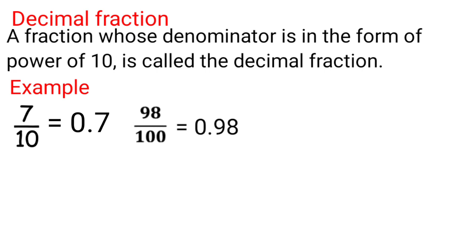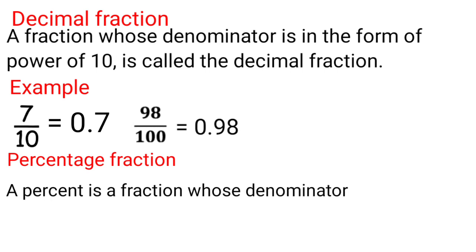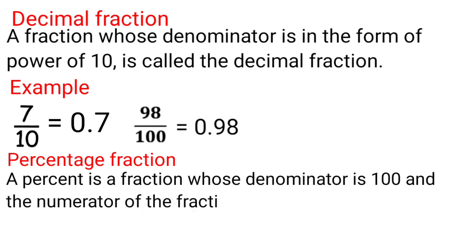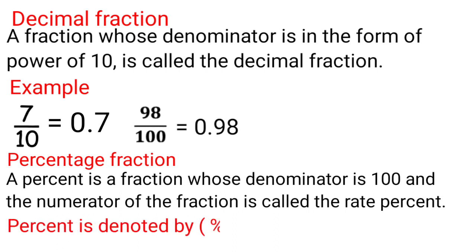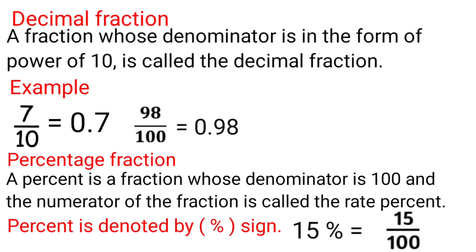These are known as decimal fractions, and we will discuss more about this chapter in the next classes. And next one is the percentage fraction. A percent is a fraction whose denominator is 100, and the numerator of the fraction is called the rate percent. The percent is denoted by this symbol. For example, 15%. That means we can write it in the form of a fraction, 15 by 100.